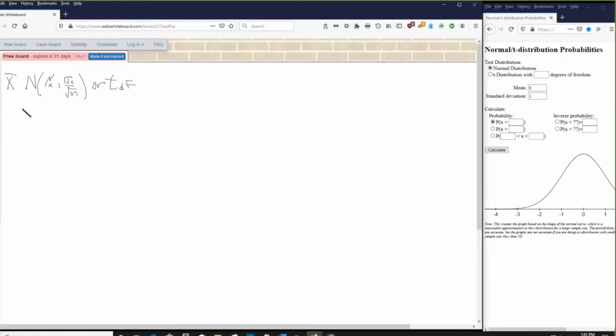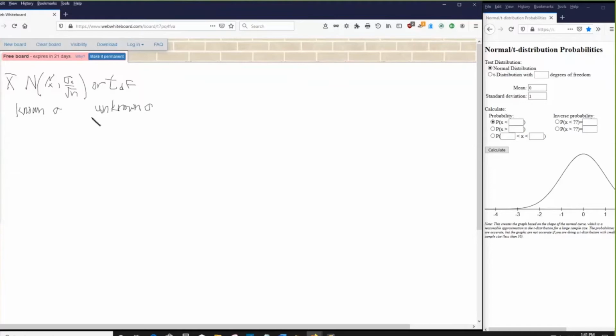We'll use this first one if we have a known population standard deviation, and we're going to use the t-scores if we have an unknown population standard deviation. And these are for single population means.